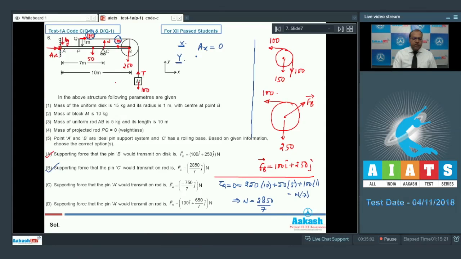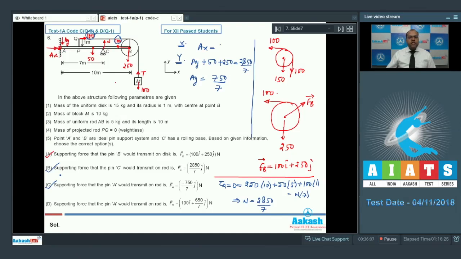For the Y direction, AY plus 50 plus 250 is equal to N, and that is equal to 2850 by 7. On solving this, the value of AY comes out to be 750 by 7. So option C is also correct, because the supporting force that the pin A would transmit on the rod is 750 by 7 minus j cap. So option C is also correct and D is wrong.